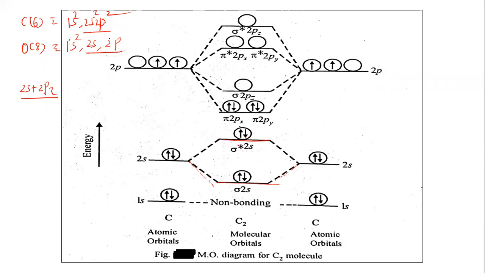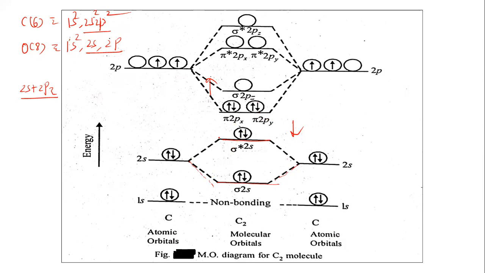Now, due to the mixing of the atomic orbitals, you can see here these molecular orbitals have a lower energy level. They go down. And the sigma 2pz molecular orbital goes up due to the mixing of the atomic orbitals. Therefore, pi 2px and pi 2py have a lower energy level than sigma 2pz.